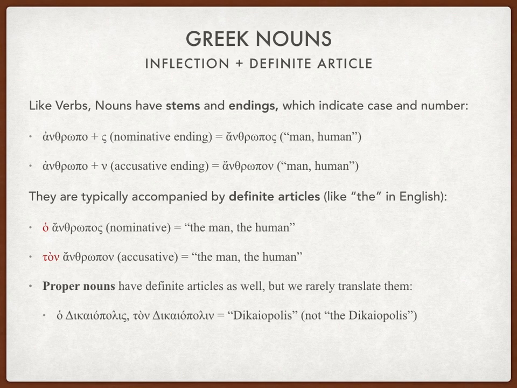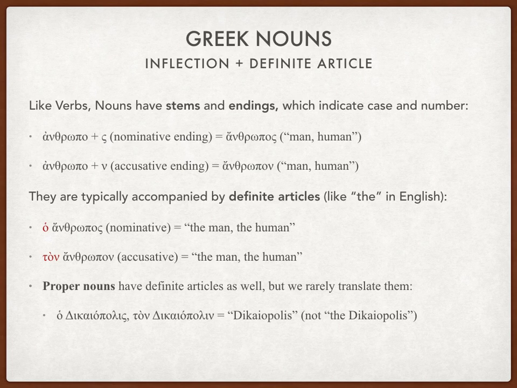The nominative definite article, you can see in the top one in red, is ho. Notice it's an omicron with a rough breathing over it. That means there's going to be an H sound at the beginning. Ho anthropos, the man or the human, the person, is doing something. They're nominative. On the other hand, if I want to make the direct object, if I hit the man, I'm going to change it to the accusative case and change it to ton anthropon.